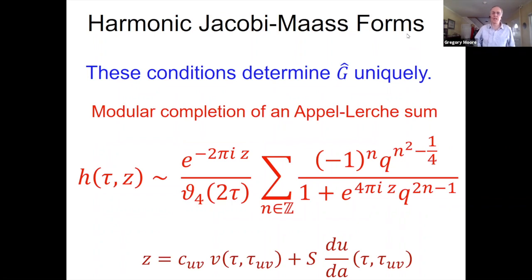This h of tau does not look very modular, but remarkably it has a non-holomorphic modular completion. It also looks like it has lots of nasty poles in z, and it does, and that turned out to be a major technical headache, but rather magically, because of that identity of Jan's that I showed you before, the bad things from the poles actually go away.